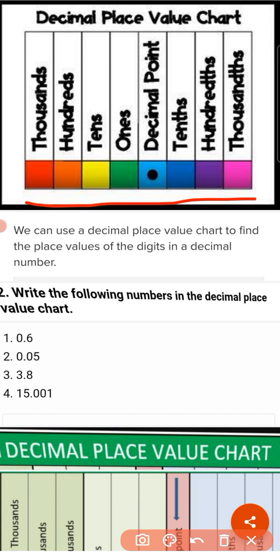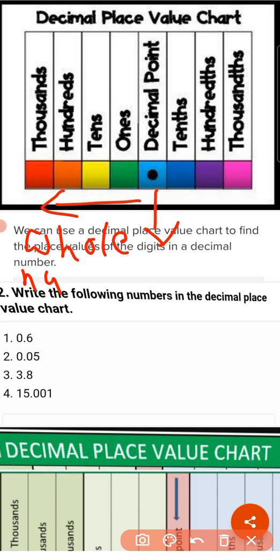This is a decimal place value chart. This is the decimal point, this dot, and to the left of the decimal point, which is the part, children? Whole number part.